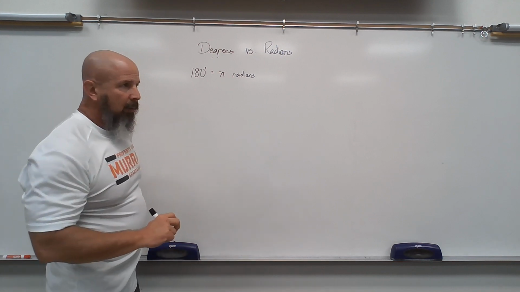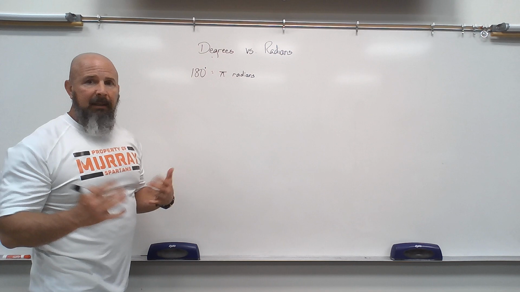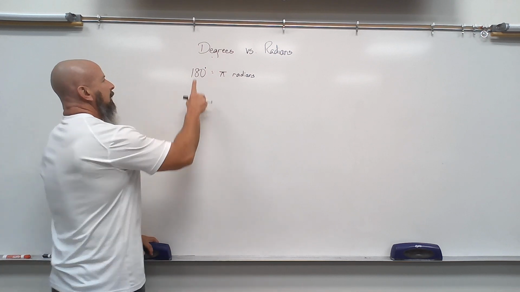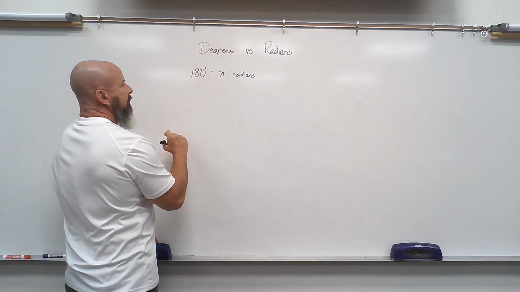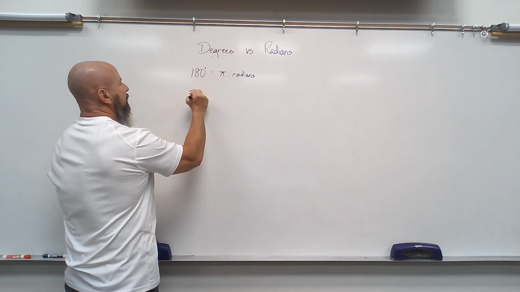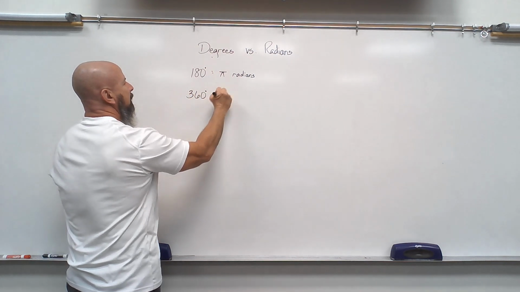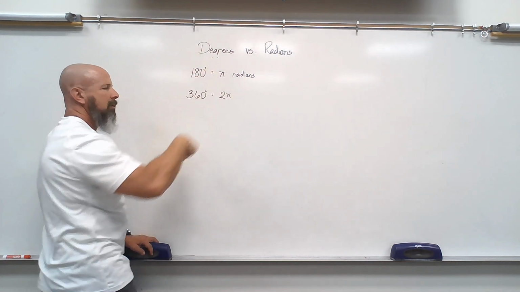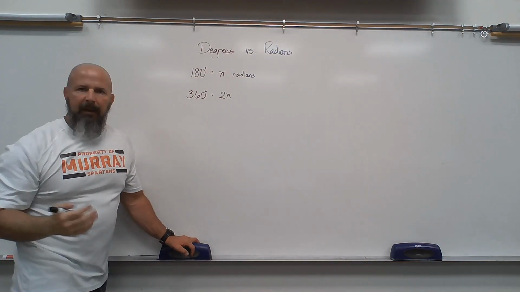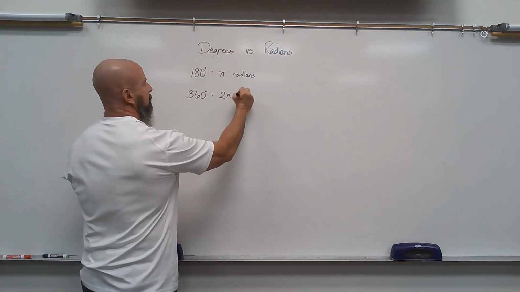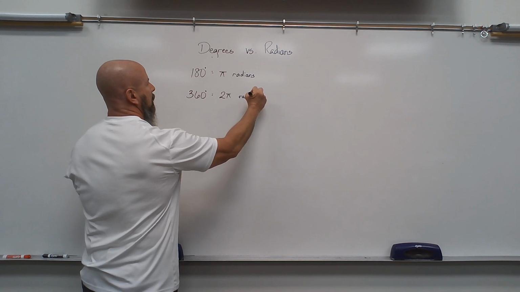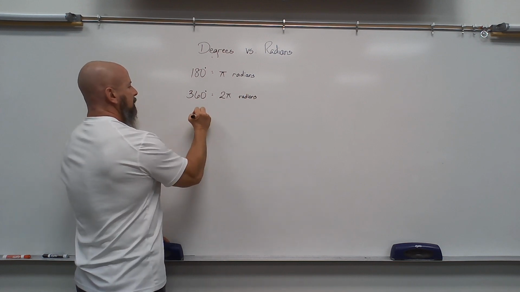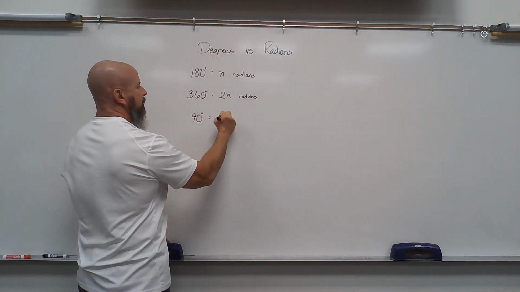Some other ones that we want to make sure that we definitely get to know. If 180 degrees is pi, well, 360 degrees, if we went all the way around the circle, that would be 2 pi radians. 90 would be pi halves radians.